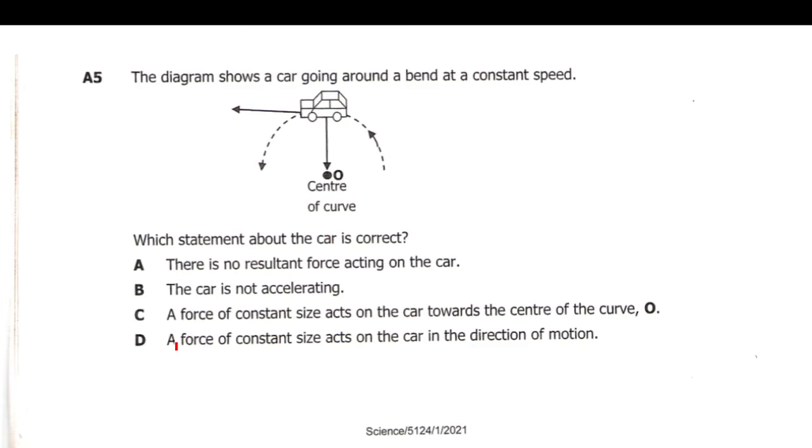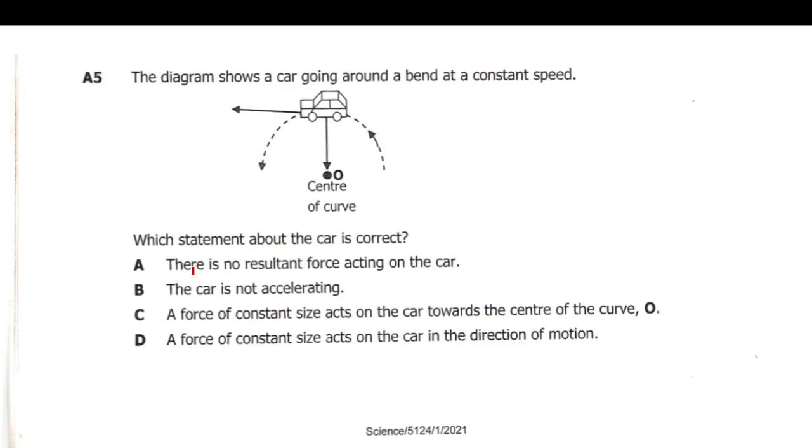Then let's see D, which says a force of constant size acts on the car in the direction of motion. They're saying there's a force acting in that direction, which is not true. The force making it move in this circular manner is the force directed towards the center.